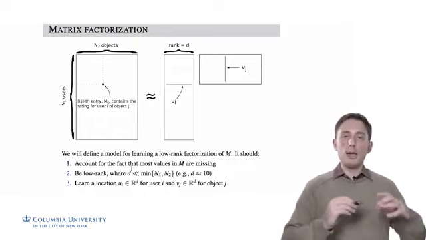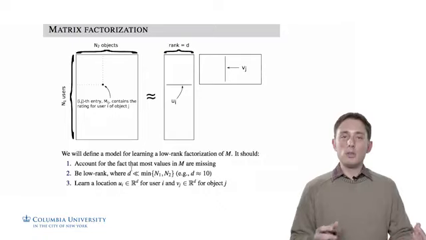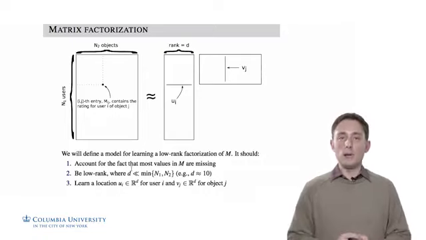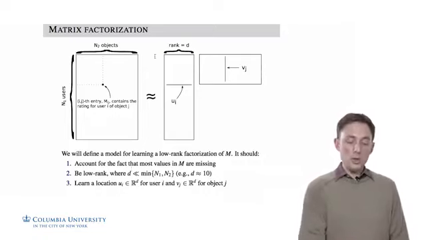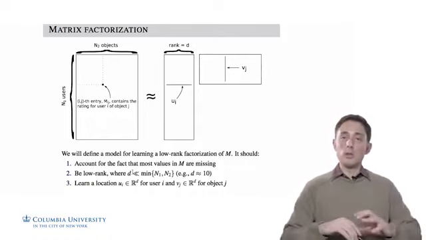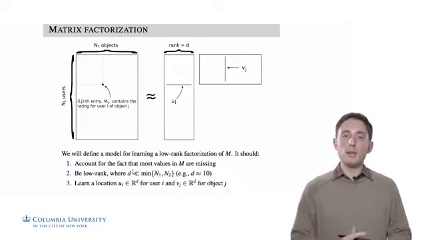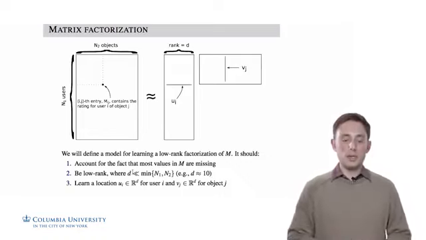So if you imagine that we have hundreds of thousands of users and tens of thousands of objects, this will be a huge matrix, but d is going to be something much smaller, so it'll be something on the order of 10. That'll say how many degrees of freedom we really have in this matrix.